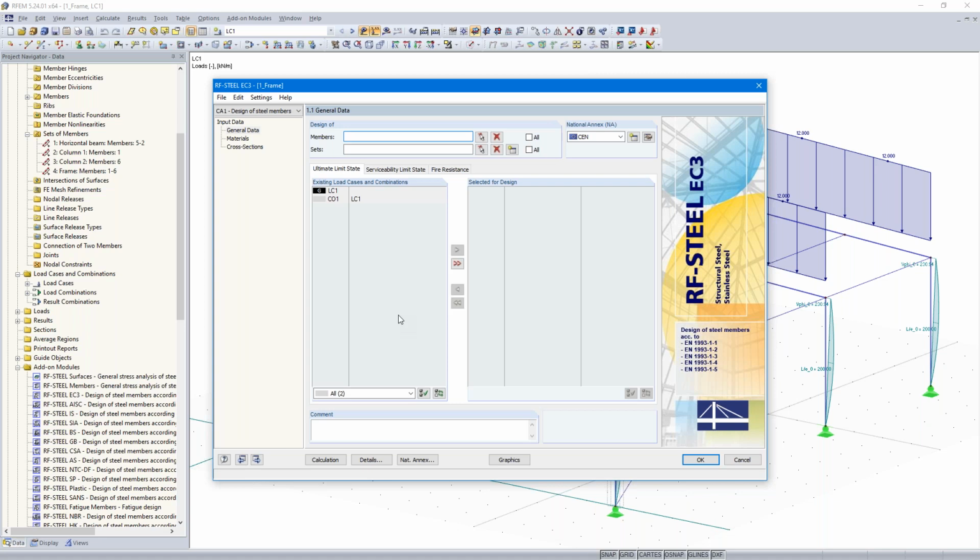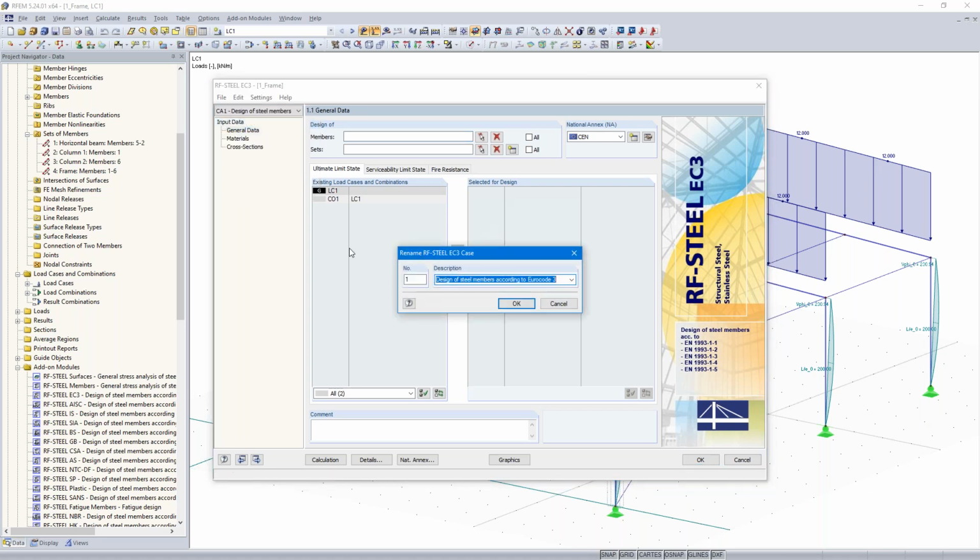At first, I will apply the equivalent member method. I'll rename the case: Equivalent member method according to 6.3.3.